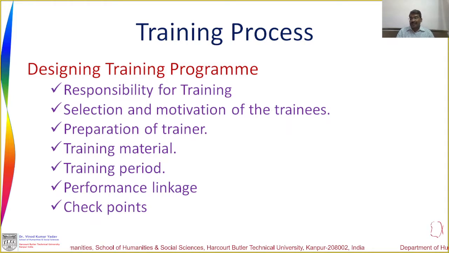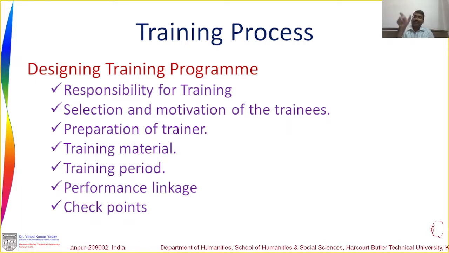You must decide about the training period, as we discussed in policy. In policy, training period ideally should be 1 week or 15 days. But when you are designing training programs, you have to decide that yes, 1 week should be in the second week of August. Then you need to look at performance linkage. You need to link performance with the training, that means maybe an evaluation system. And then obviously checkpoints, as we discussed in checklist.